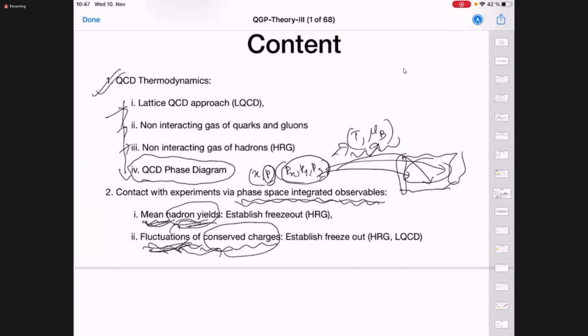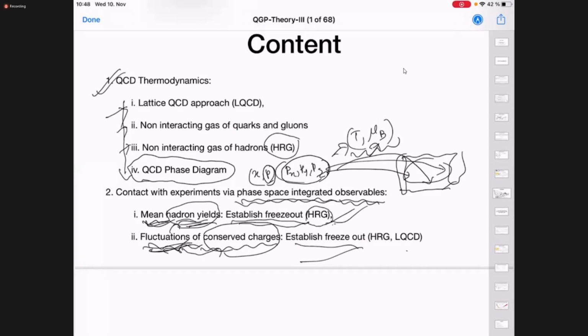And when we do that, what we eventually get is we establish the freeze-out, right? We establish freeze-out, and we do it within the framework of HRG, which we already discussed here. This has been there for a long time, and it has been a very, very phenomenologically successful program.